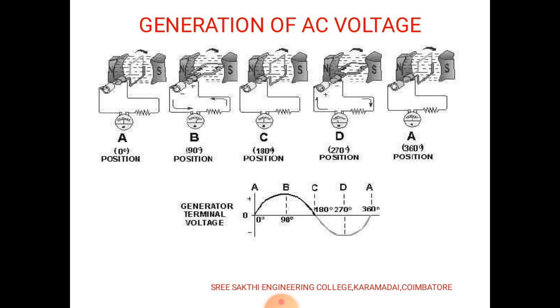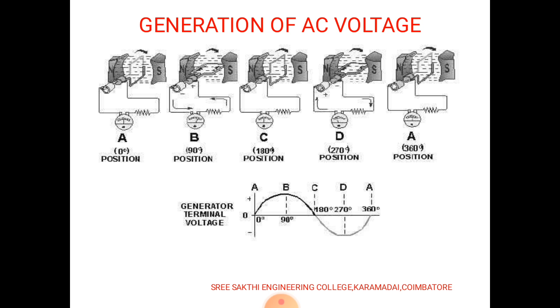So it returns to the same position. If the coil is rotating, EMF is generated by the rotation of that coil. In the figure, A, B, C and D are used to describe the position of the coil.